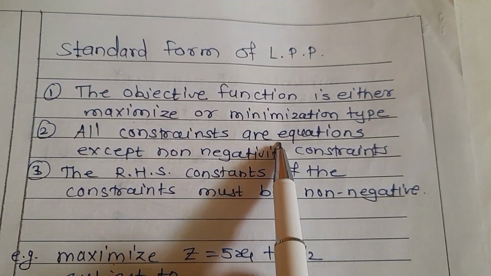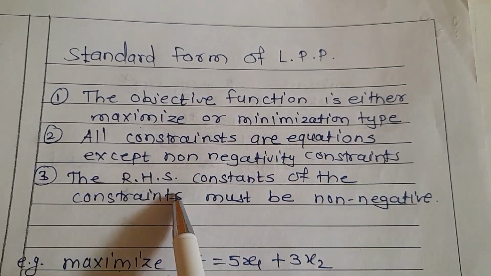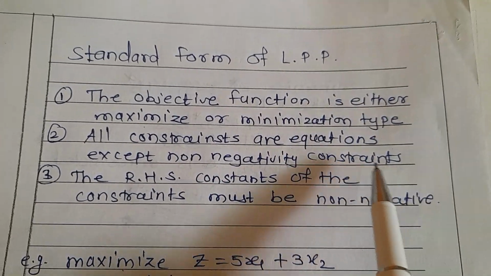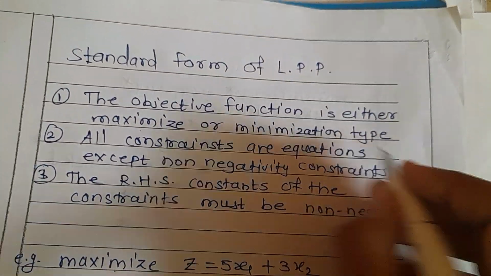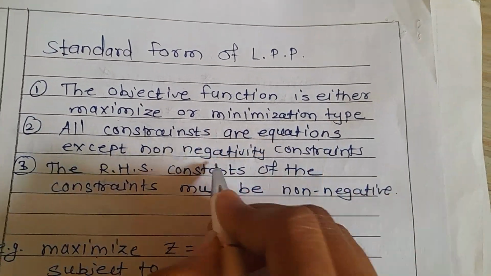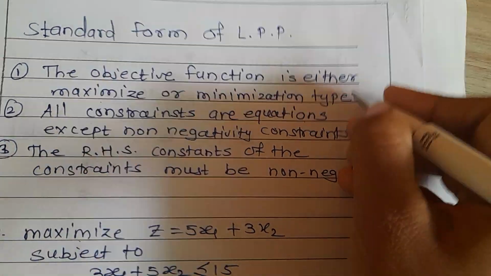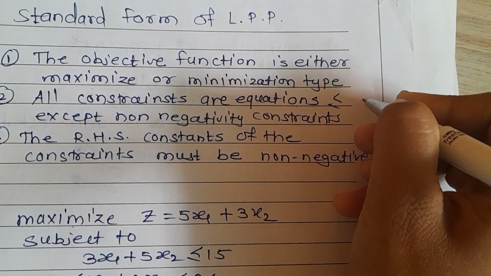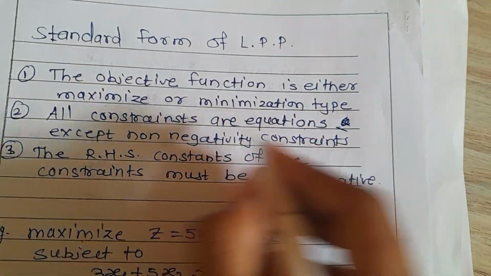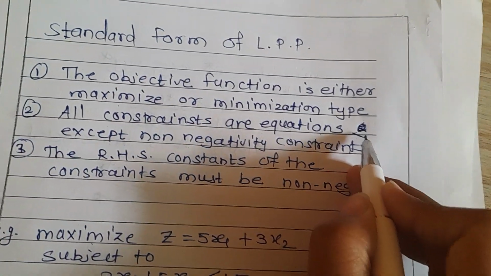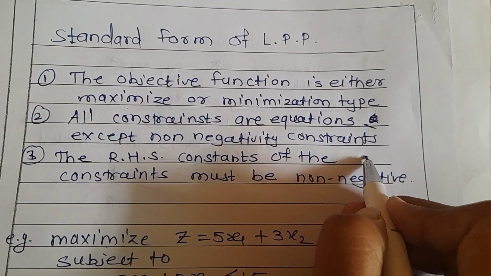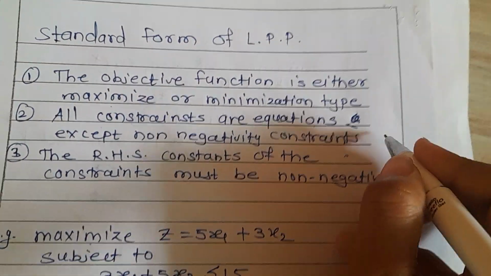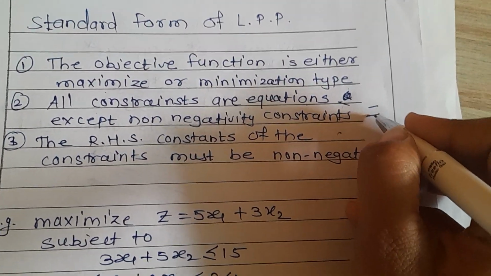Then all the constraints except the non-negativity constraints are equations, meaning all the constraints are equal to type.